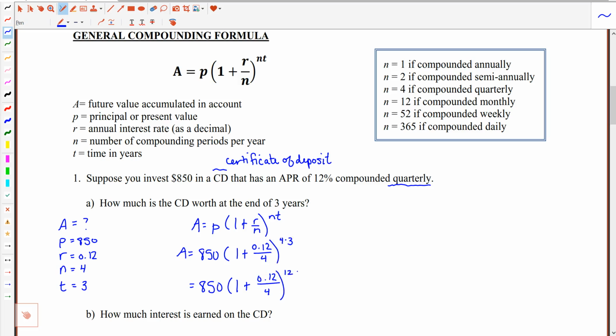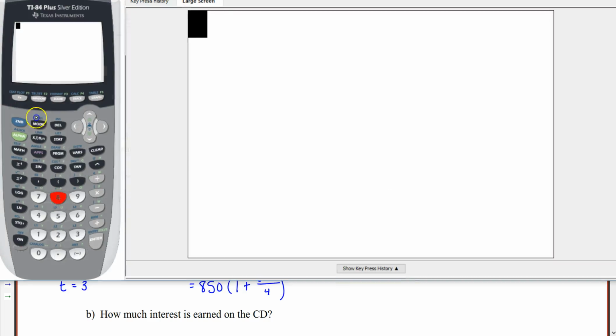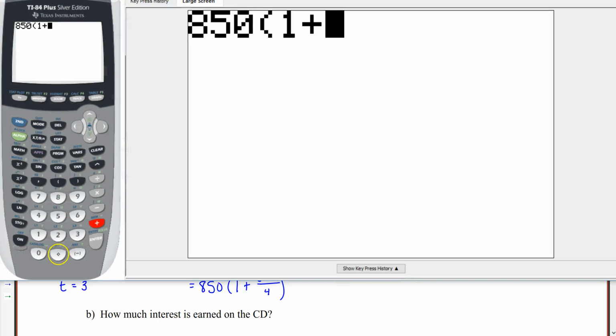That way, when I key this into my calculator, I won't have to introduce a set of parentheses up there in the exponent. So we're going to key this into our calculator and figure out what the worth of the CD is. All right, so we have 850, parentheses, 1 plus, and then 0.12 divided by 4, close the parentheses, and then this whole parentheses expression I want to raise to the exponent of 4 times 3, or 12.